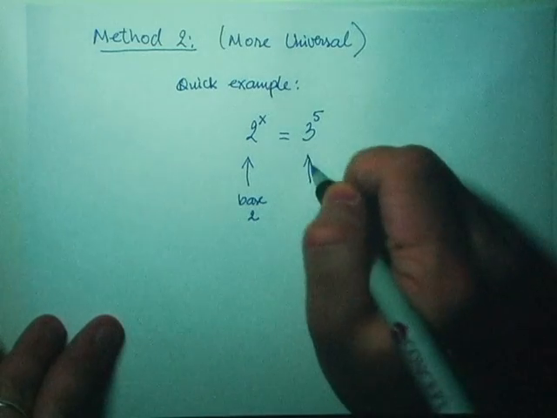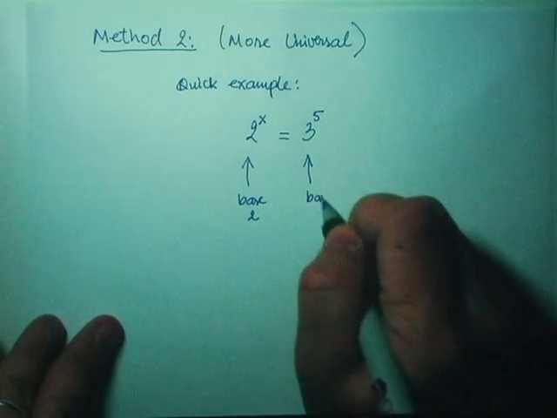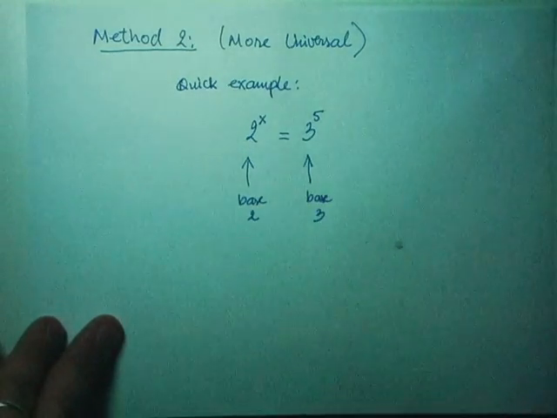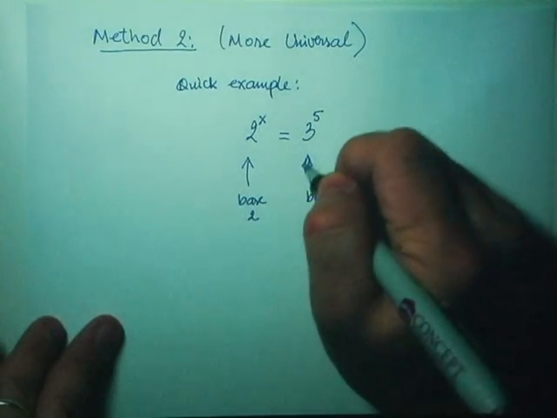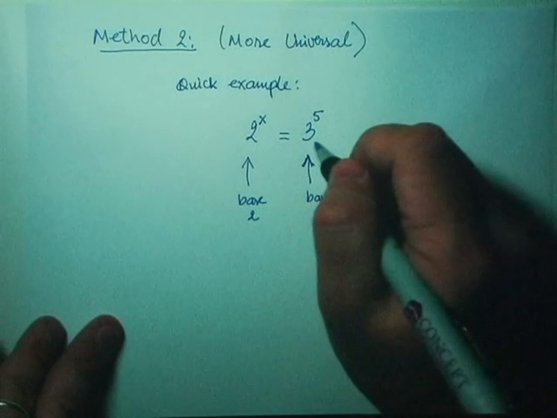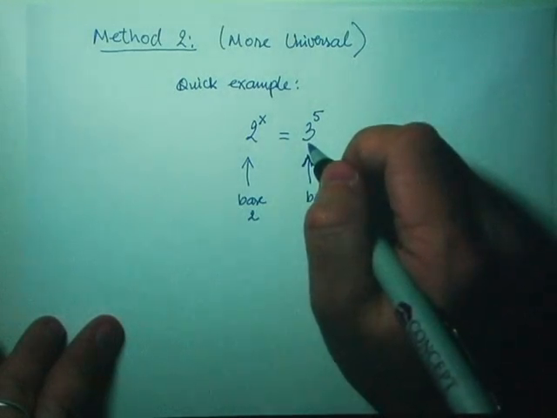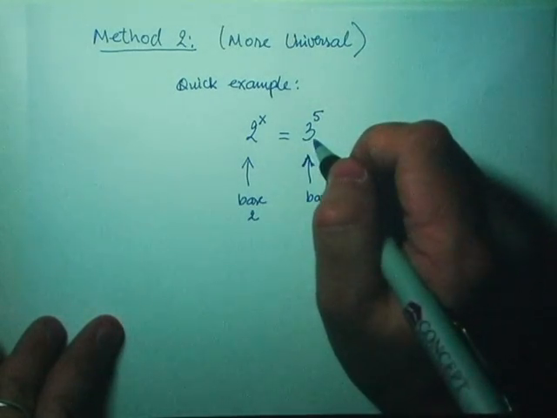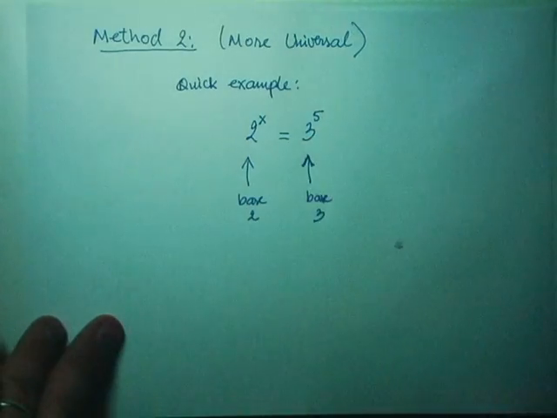However, I have base 3 on the right-hand side. And it doesn't matter what kind of trick I'm using, I just cannot turn base 3 on the right-hand side into the same base as base 2 on the left-hand side.